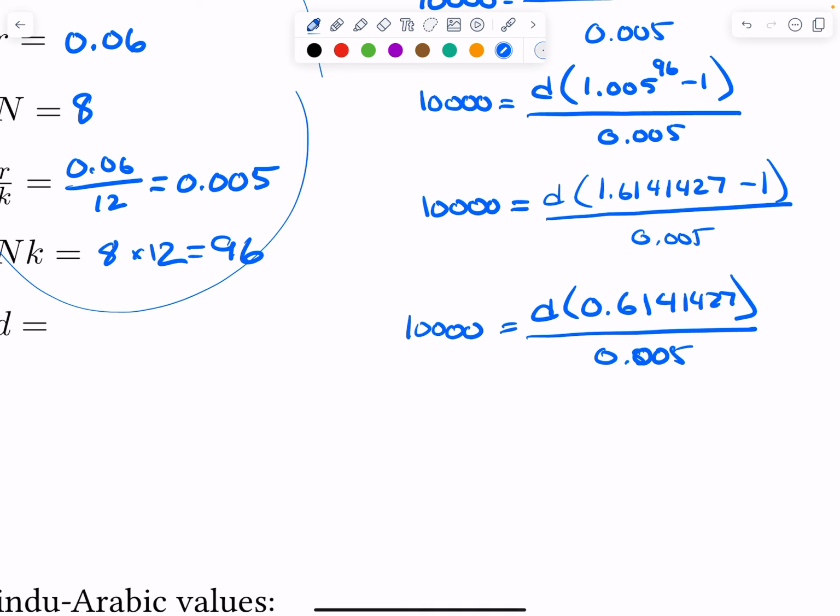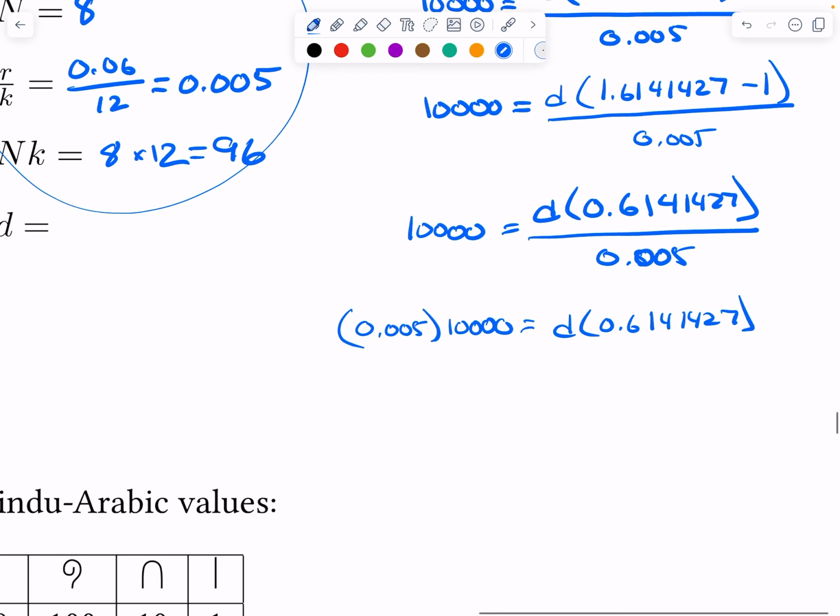Multiply both sides by the 0.005. And so 0.005 times 10,000 is equal to D times 0.61141427. And then I'm going to divide both sides by the 0.61141427. Here, I'll actually do the calculation. 10,000 times 0.005 is 50.